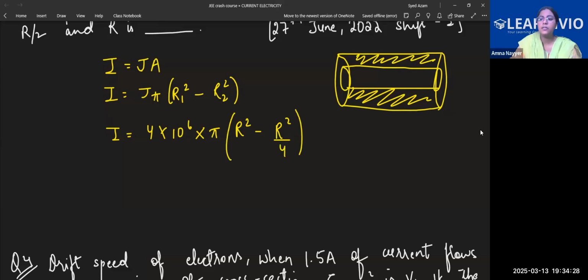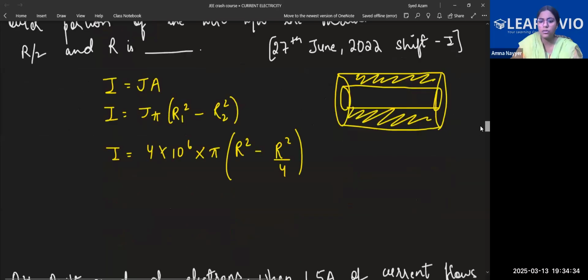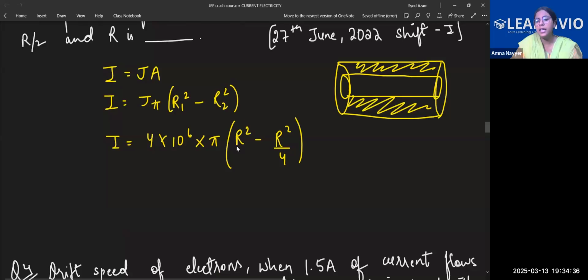What is the radius given? 4 millimeter, right? So let's put the values of radius also. When you take the LCM here, this will become 4R square minus R square, right? So this will become 3R square by 4.